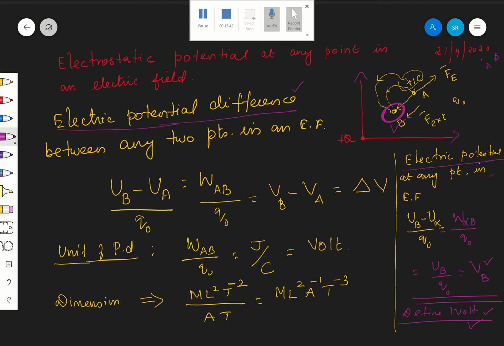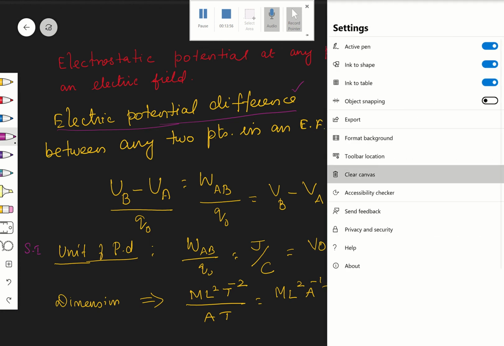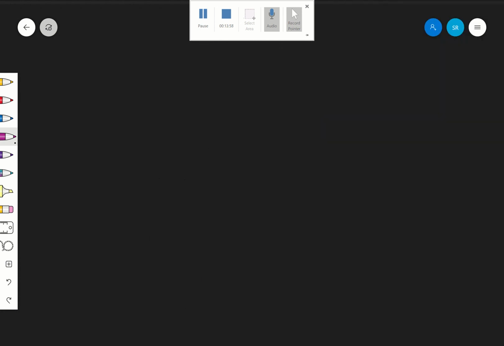Is it clear? So this is the SI unit of potential or potential difference.